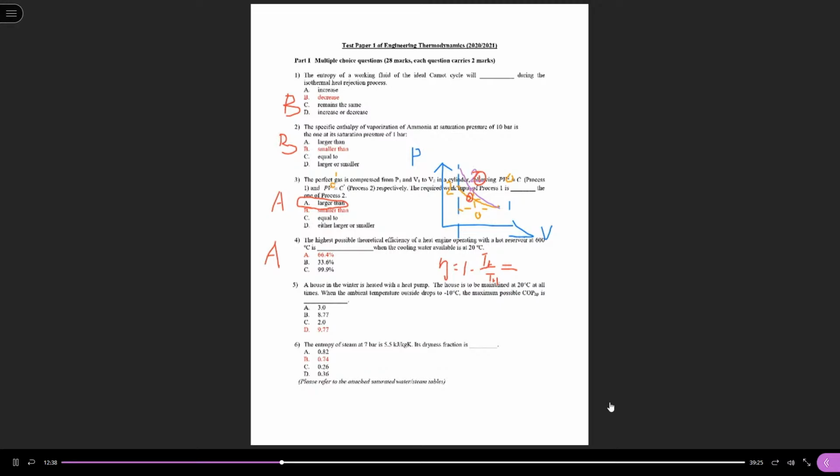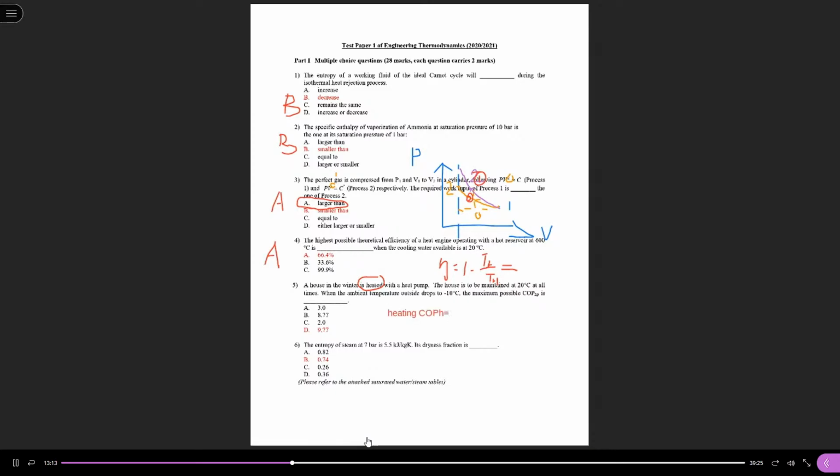So if it is for the heat pump and the refrigerator, then it's a reversed heat engine. For this one, it is expected for heating. Therefore, the COP has to be for the heat pump, for heating.